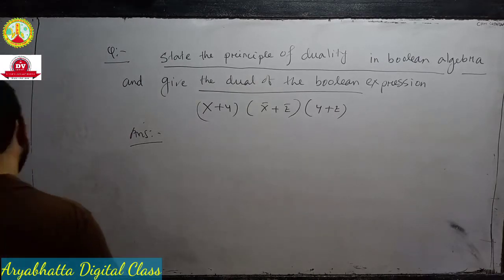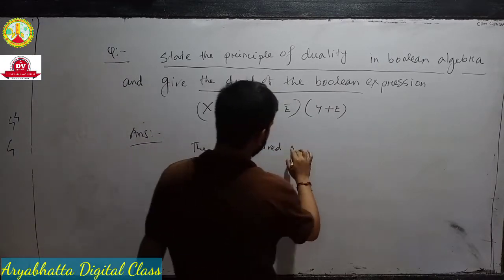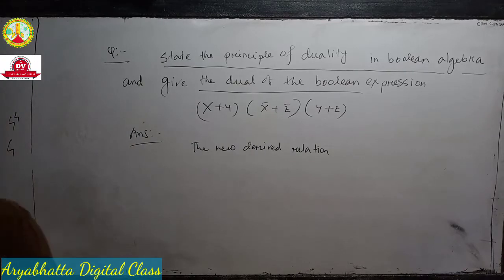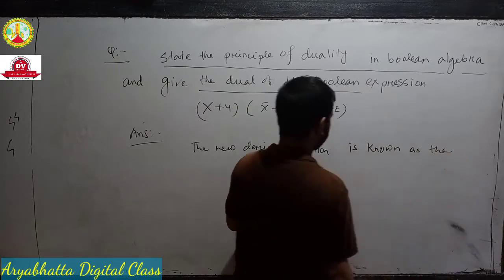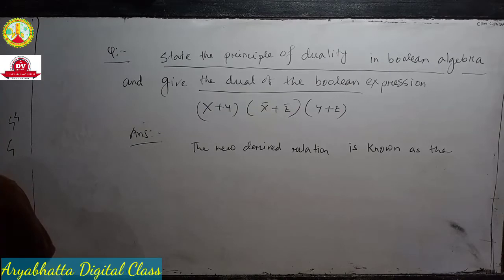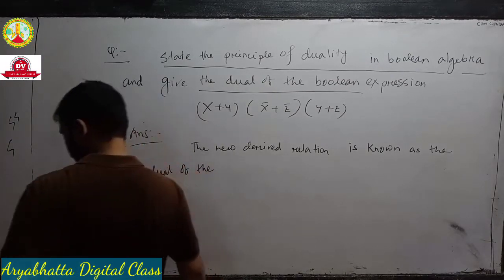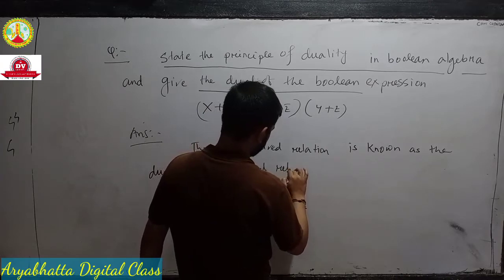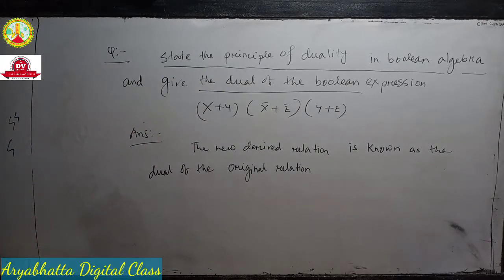The new derived relation is known as the dual of the original relation.